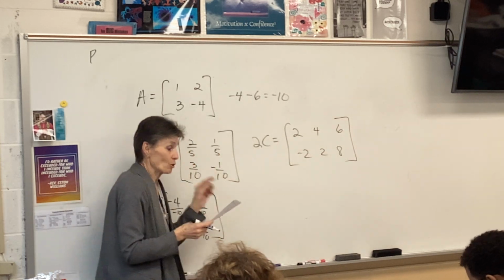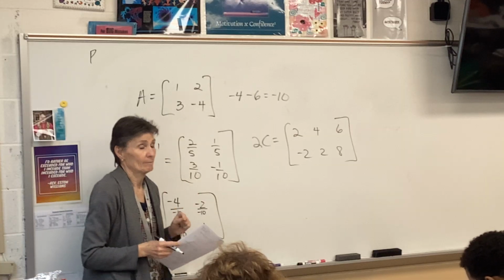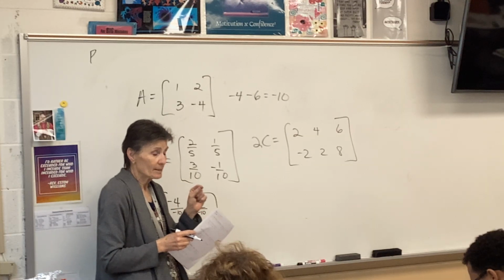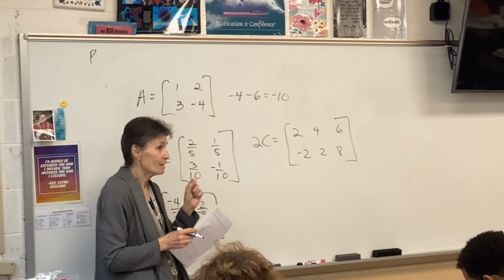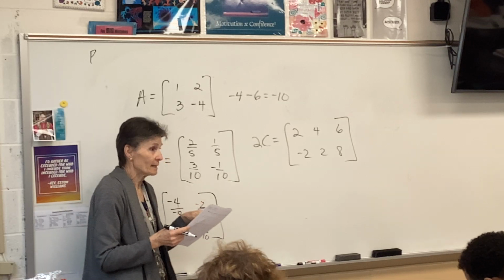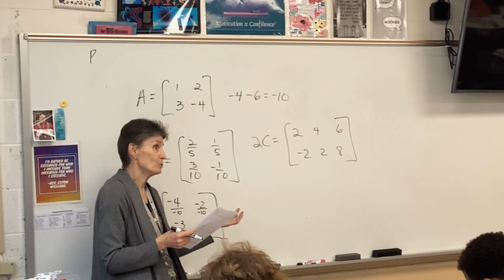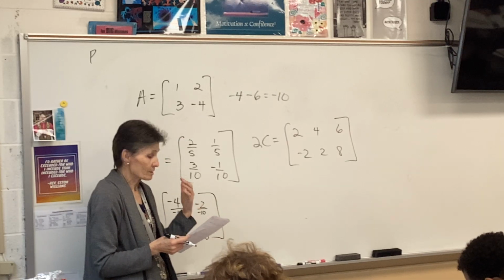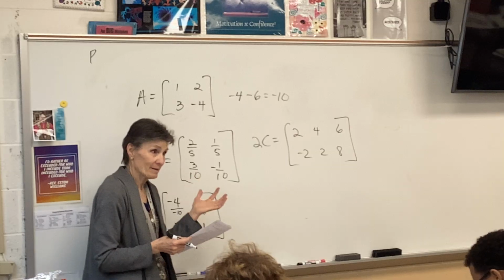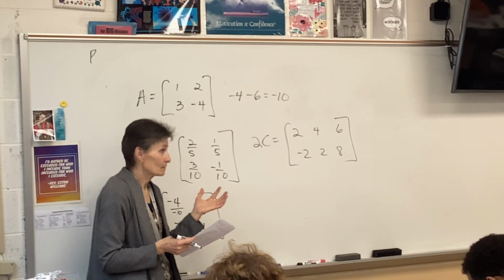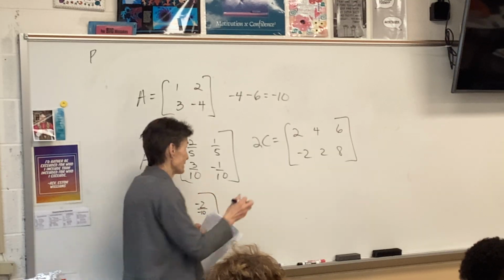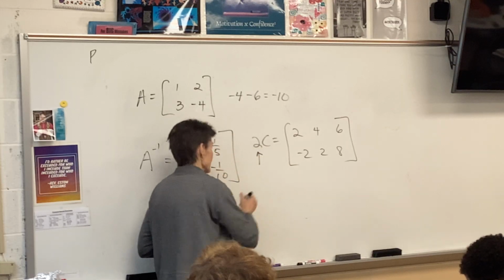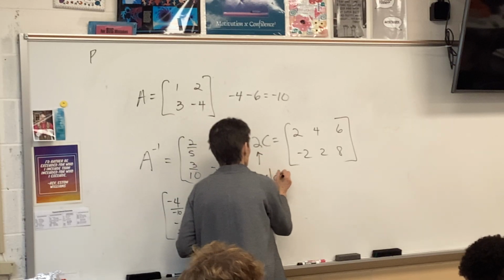And that's all there is to it. So what did I do? I took everything in the matrix and multiplied it by the number. It may not be 2 next time, it might be 3 or something. You just multiply by that number. Okay? What's the word for this number right here? What do we call him? He's a scalar. Yeah, that's a scalar.